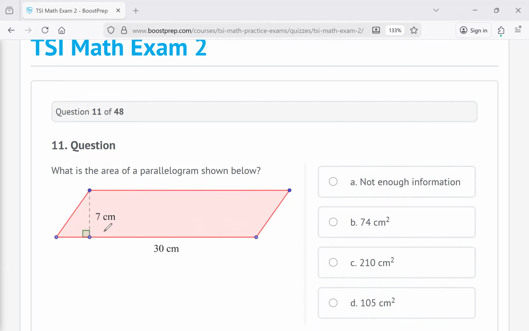Yeah, I think it's just 30 times 7. So that would be 210. Yes, I think that's it.